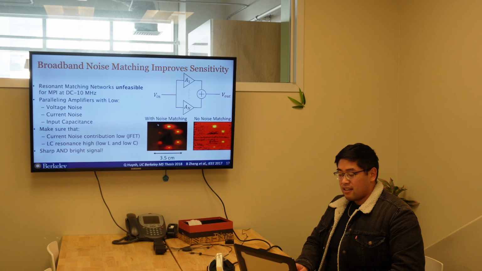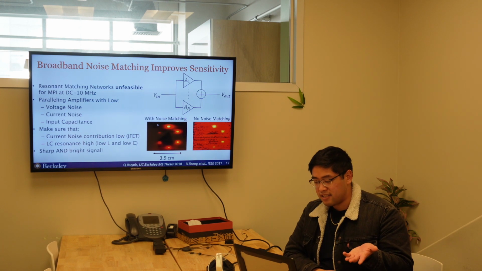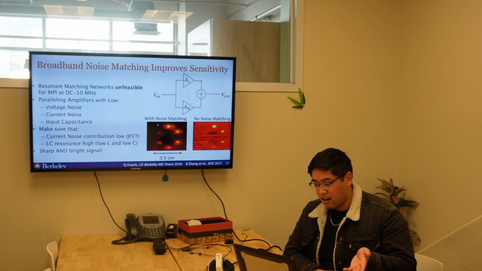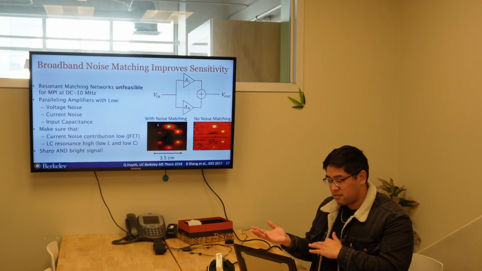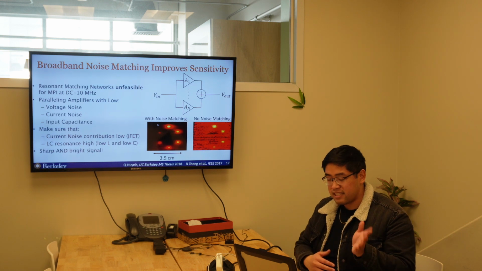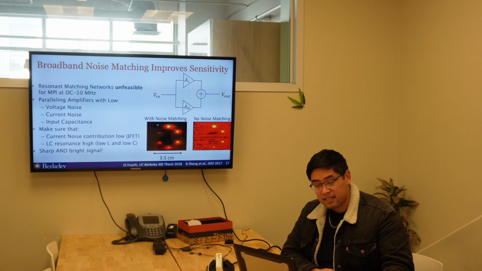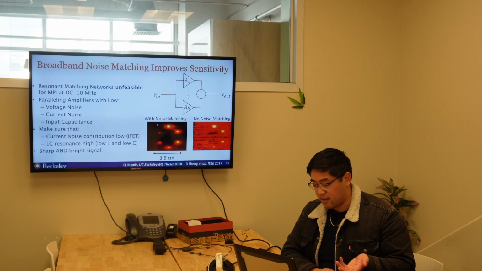So now that interference is taken care of, we can use broadband noise matching techniques to improve sensitivity over a larger bandwidth. Unlike MRI, resonant matching networks are unfeasible for MPI because we use a broad bandwidth from DC to 10 megahertz. So we rely on broadband techniques such as parallelizing amplifiers to decrease effective noise.